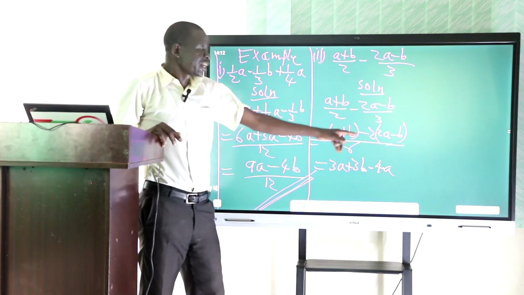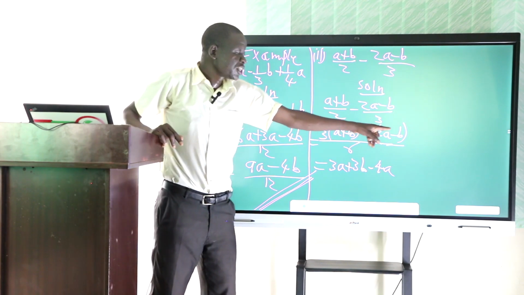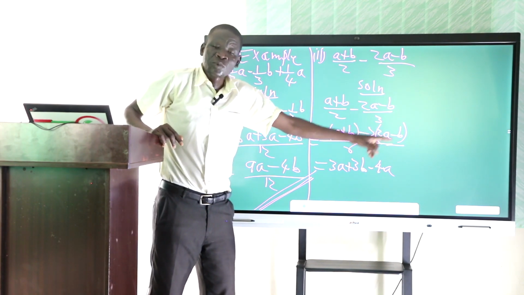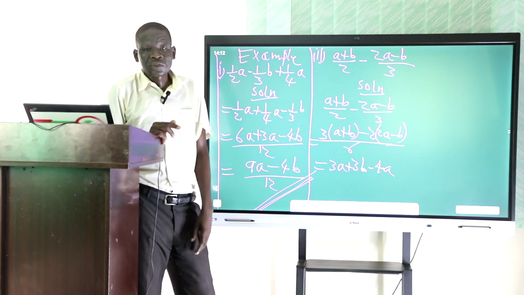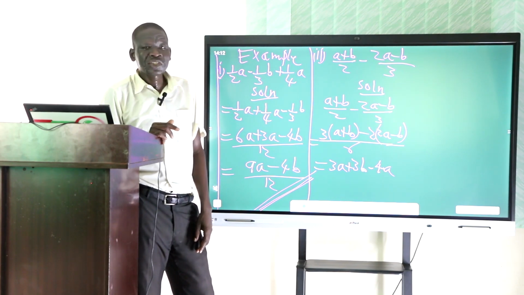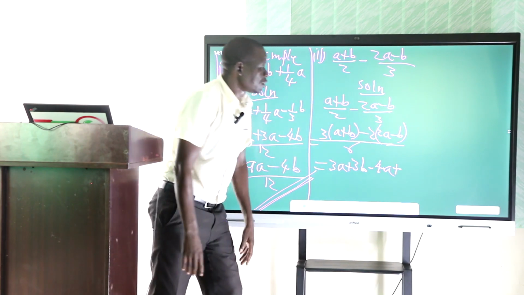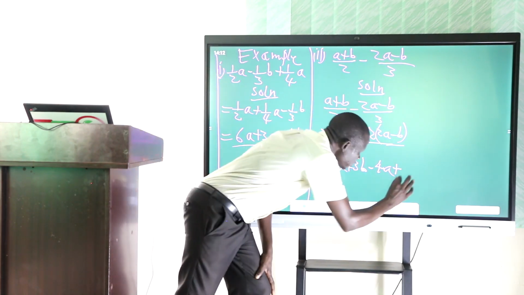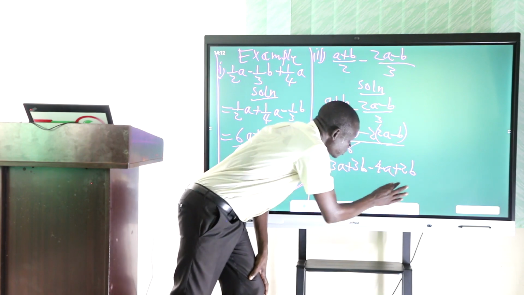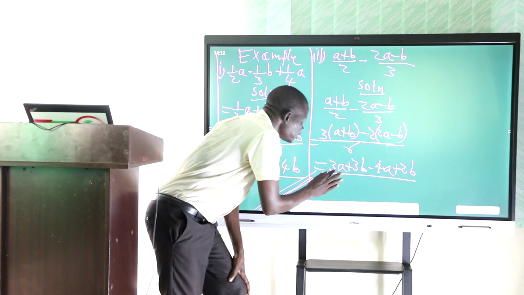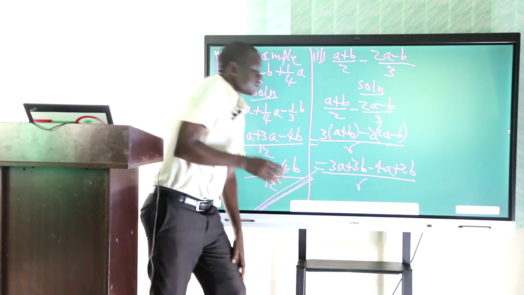Now, the negative outside times the negative inside there, we shall get positive. So negative times negative is equal to positive. So the sign here changes to positive. And the 2 times B, you get 2B, all over 6.